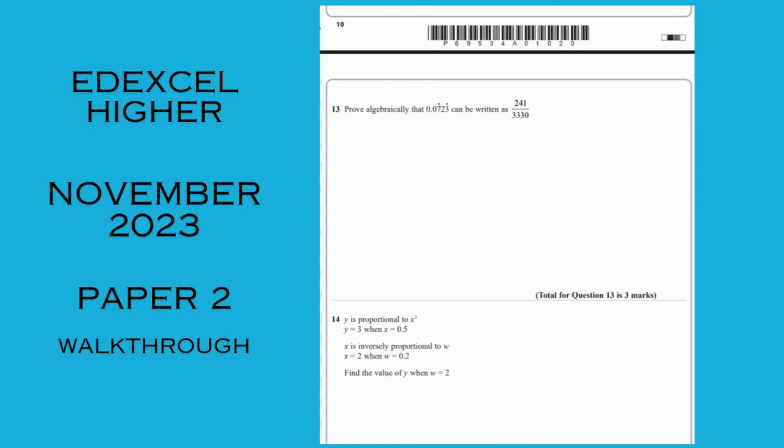So number 13, an extremely standard higher paper question, just a bit non-standard in the fact you have to go into 10,000 x's, but here's why. So always let the decimal be x. Now if we multiply it by x, it means we get them nicely lined up so that the recurring pattern begins immediately after the decimal point.